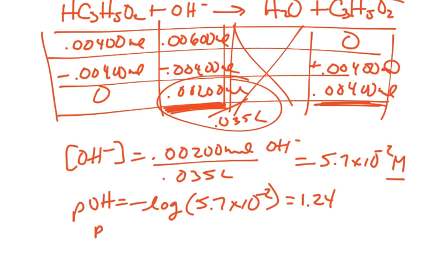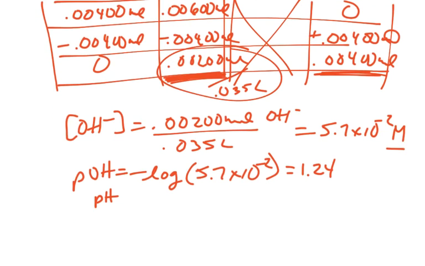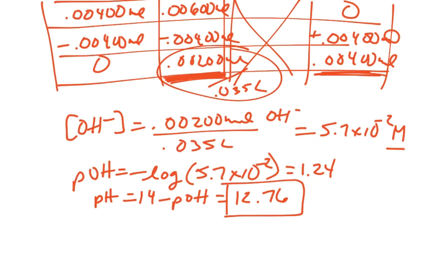Okay, and my pH is 14 minus my pOH, and that comes out to be 12.7569, so it's 12.76. Okay, those add up to 14. So here's my pH at that point.